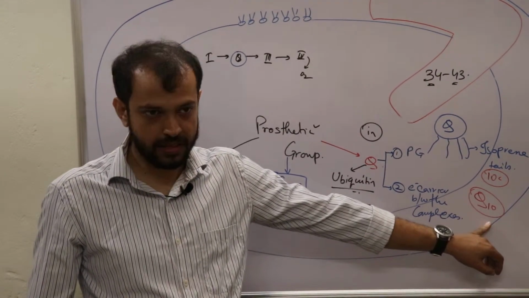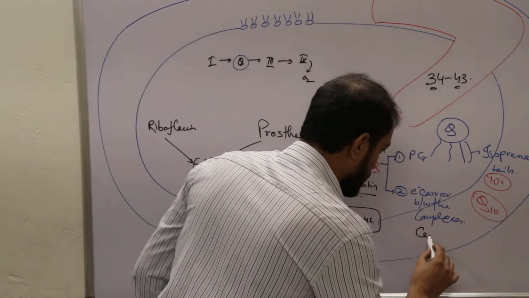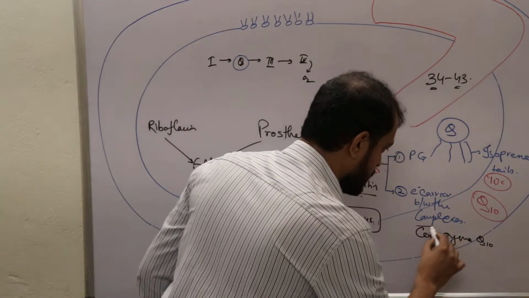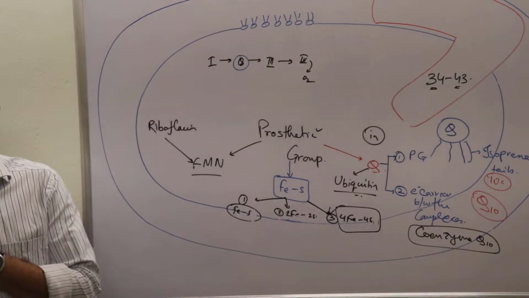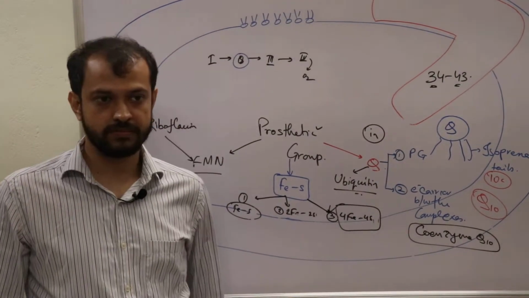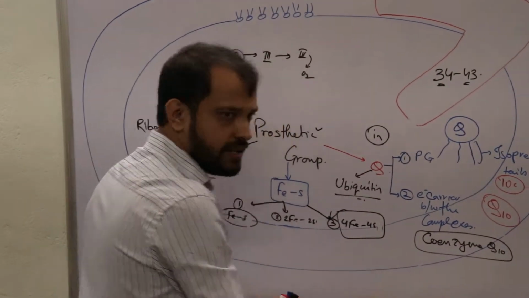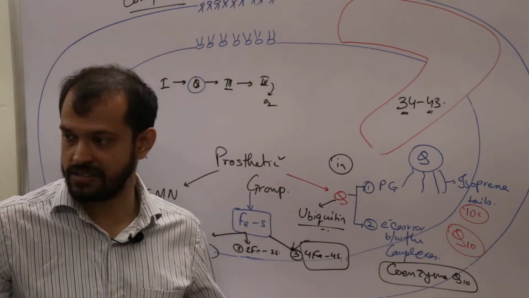That's why coenzyme Q10 is given as supplementary medicine for those who are suffering from heart diseases. Clear? Coenzyme Q10 is a supplement given to all those who are suffering from heart diseases.